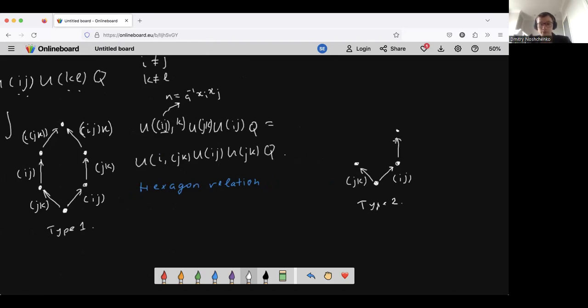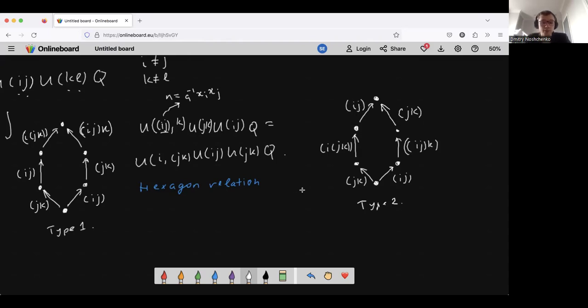But now we invert the ordering of these two operations, so we permute this and this. So here we put first ijk. Then we put jk. And here we put ij, jk. And here we put ij.